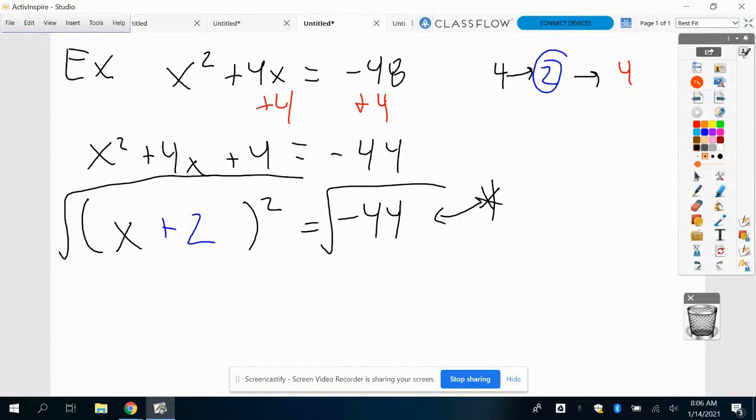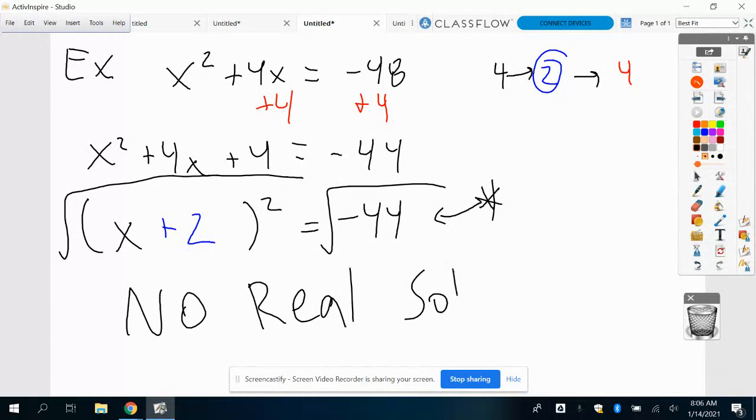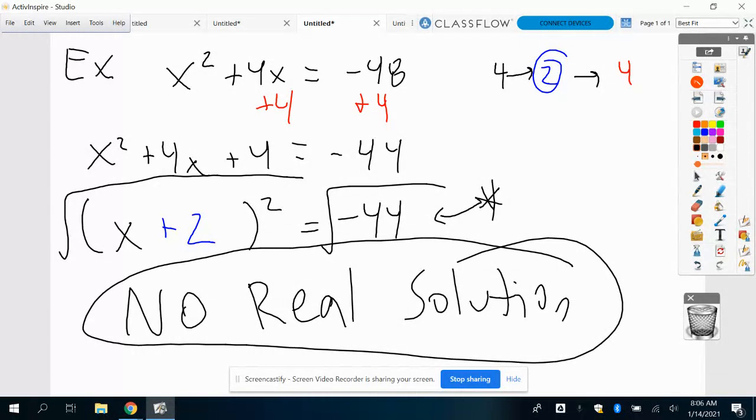We cannot take the square root of a negative. Remember, when we take the square root of a negative, we get what we call an imaginary solution. So as soon as you try to take a square root of a negative like this, right away you can realize there is no real solution. And we would stop it there.